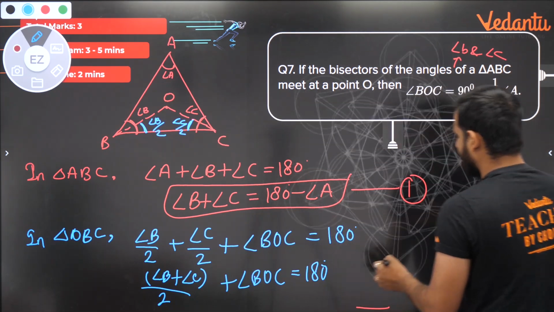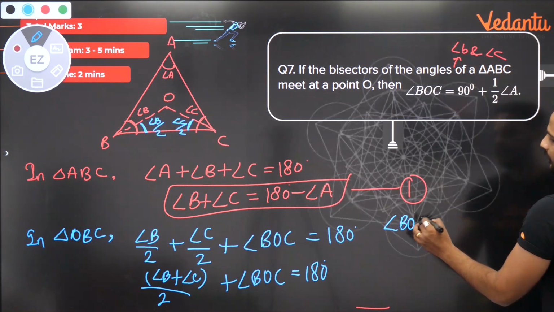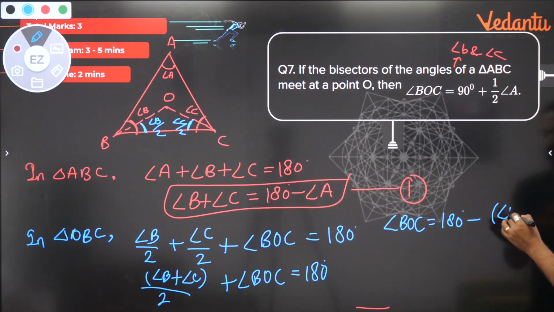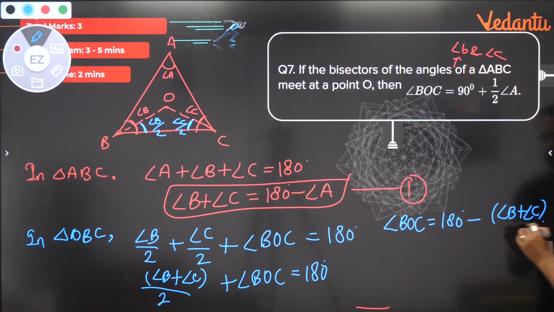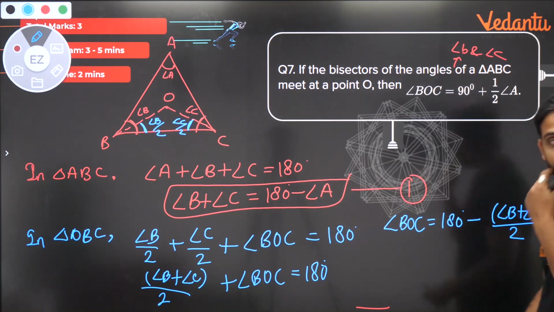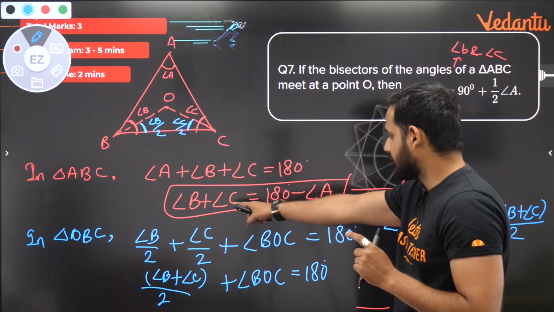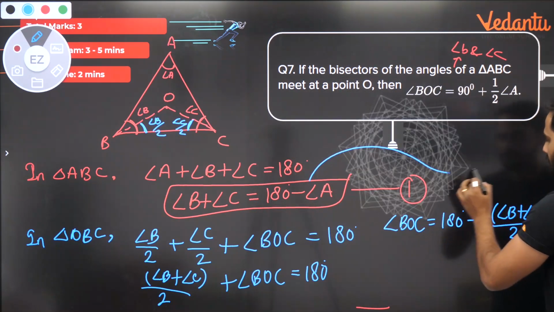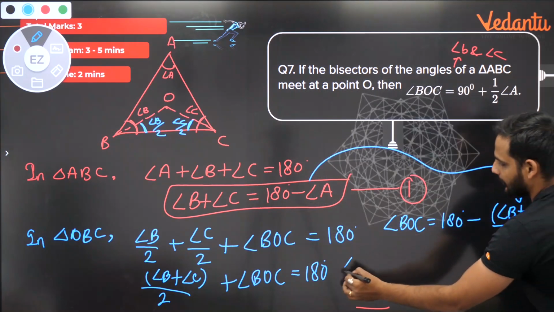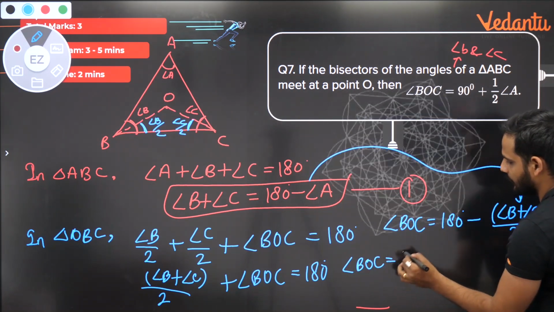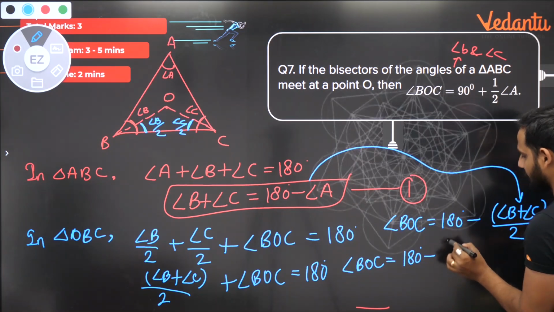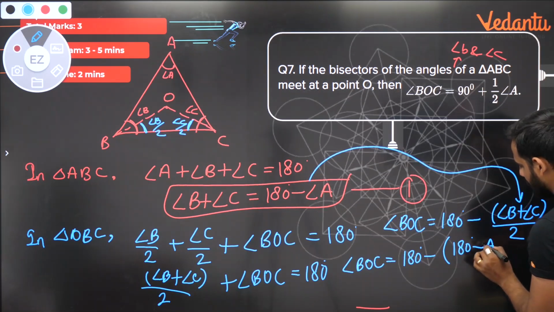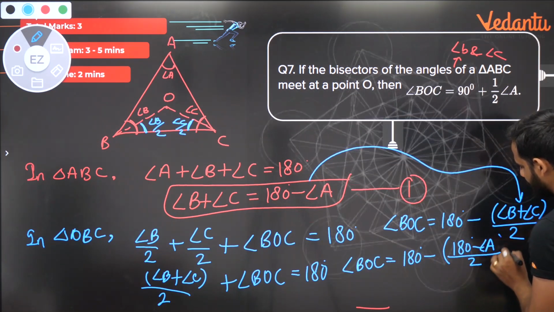So from here, bachon, I can get that angle BOC is equal to 180 minus (angle B plus angle C) whole divided by 2. Now we have already got the value of angle B plus angle C, which is equal to 180 minus A. So let's replace this value of B plus C in this equation. So angle BOC is equal to 180 minus (180 minus A) by 2.